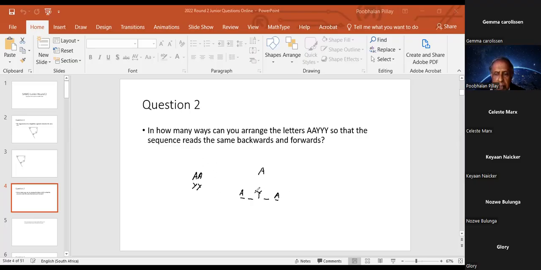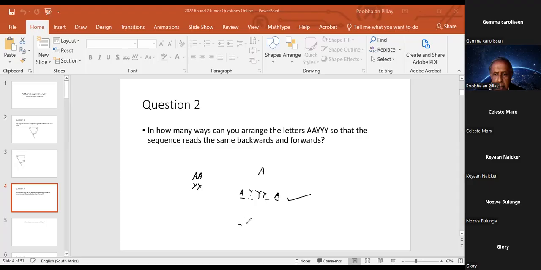So the 2 A's are placed, and then the 2 Y's go in here. So that is one of the ways where this reads the same backwards and forwards. So if you put A at the beginning, there's only one answer.